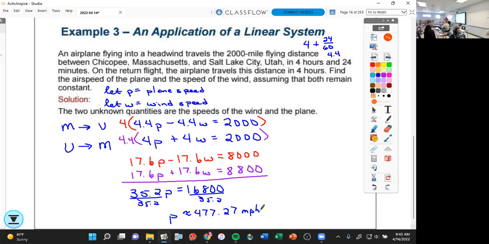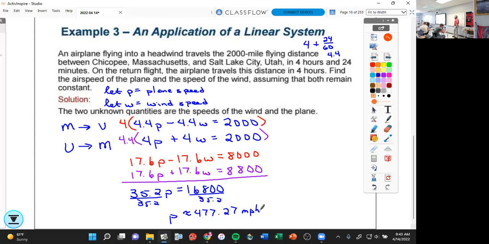And then using your calculator, use that answer, don't round it, and plug it into one of the originals to solve. Once you back substitute, you get the wind speed. And that's going to be on the next slide. I'm not going to mess with doing it. I'm going to assume that all of y'all can plug that in.